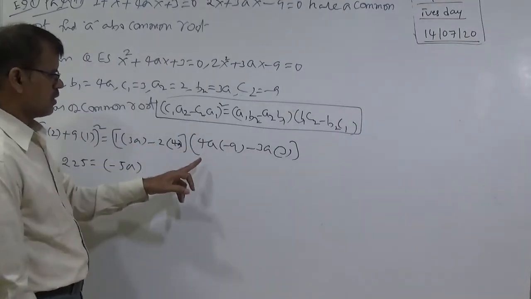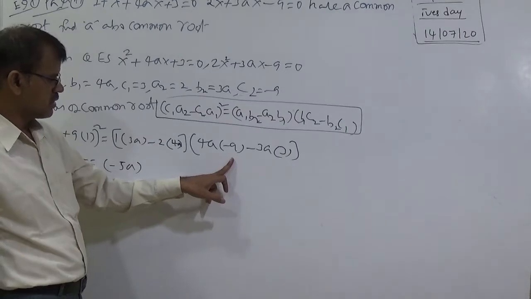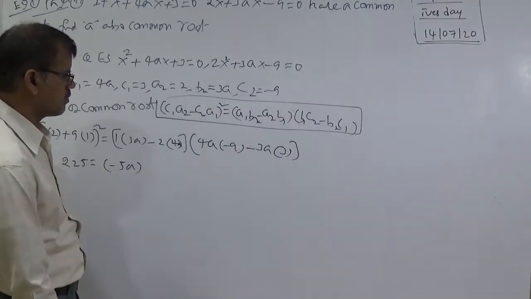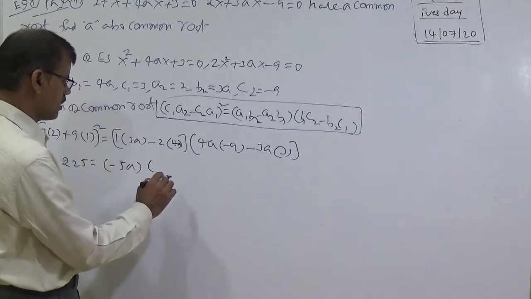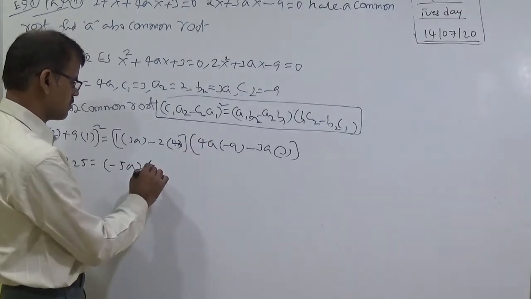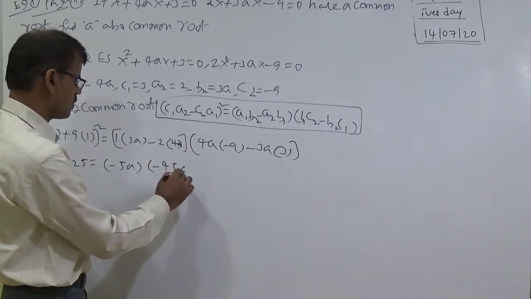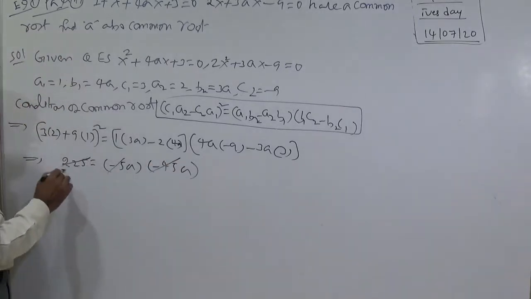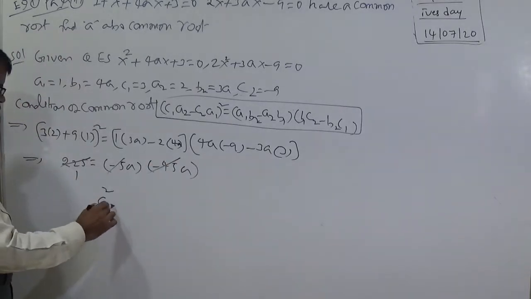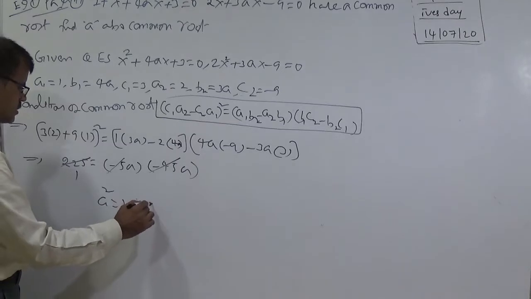Into here 4 into 9 is 36, minus 36 and minus 9. Minus 36 minus 9 becomes minus 45a. Minus and minus becomes plus, and this is 1. Therefore we have a square is equal to 1.